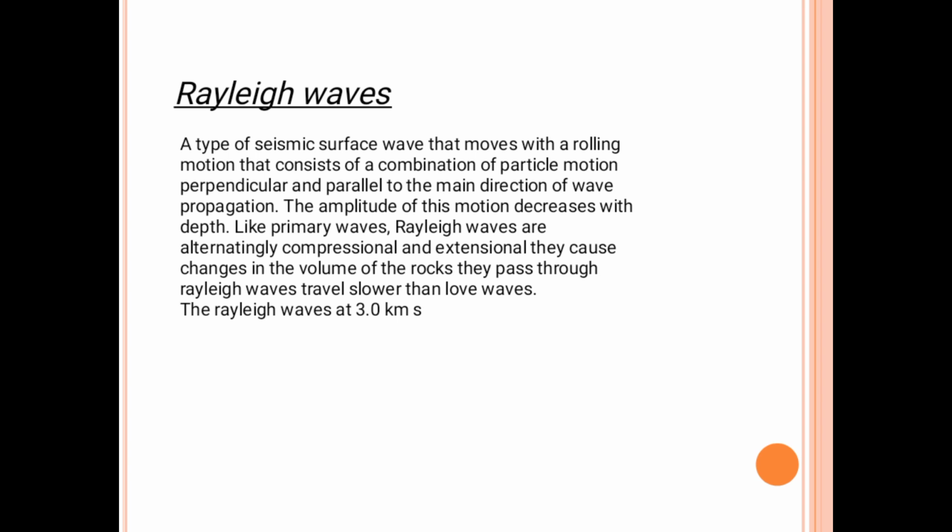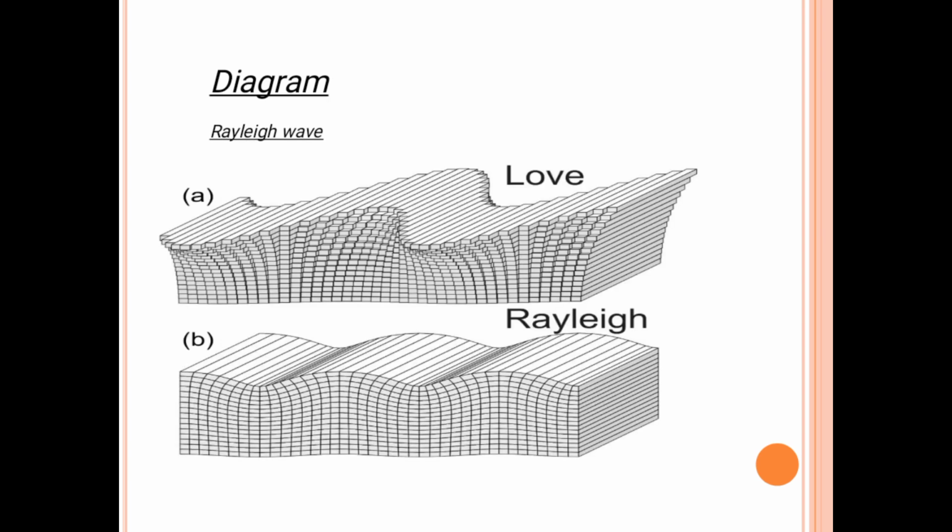They cause a change in the volume of the rocks they pass through. Rayleigh waves travel slower than Love waves, at about 3 km per second. Most of the shaking felt from an earthquake is due to the Rayleigh wave, which can be much larger than the other waves. This is the diagram of the Rayleigh wave.